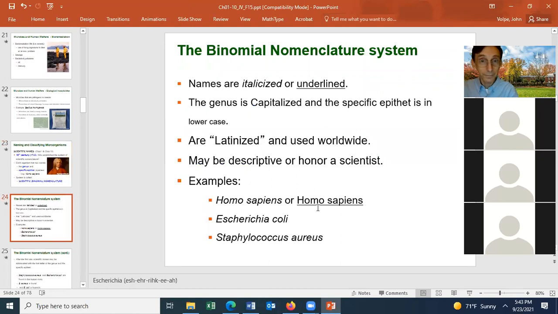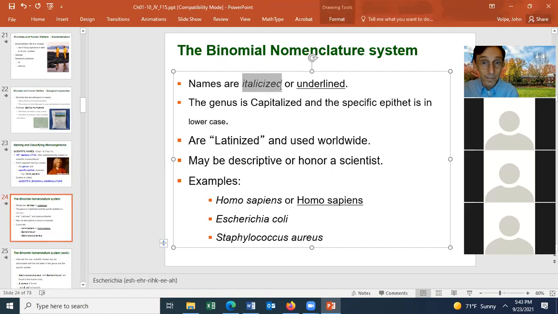The binomial scientific nomenclature system has all names as either italicized or underlined. Generally, when you're typing, you will italicize the scientific name. But if I were to go up on the board and write it, like Homo sapiens, you're supposed to underline it, because I can't write in italics.